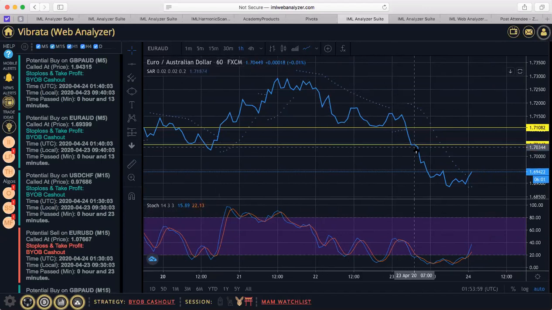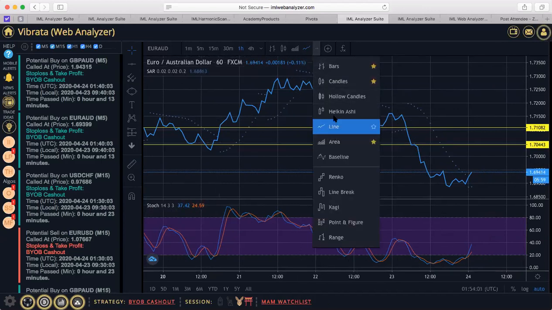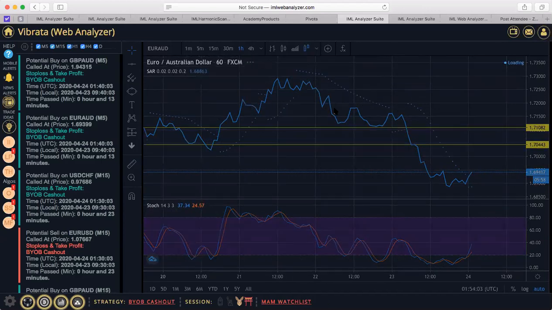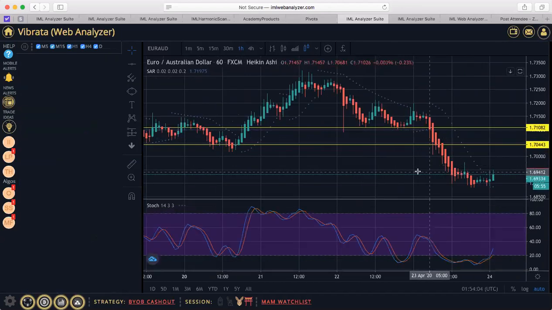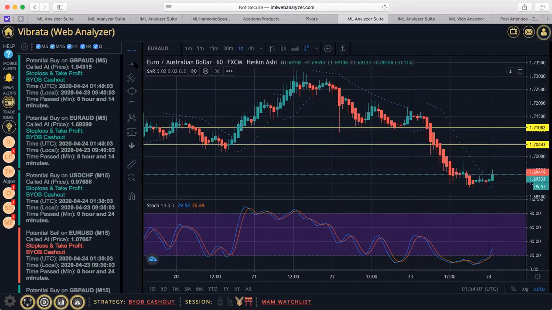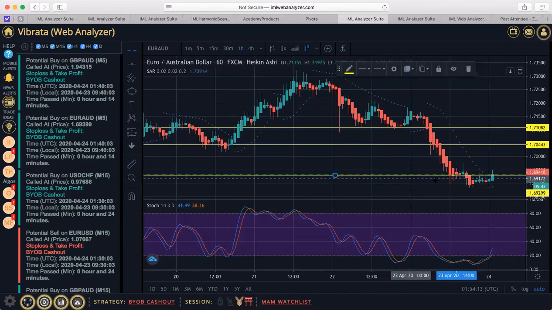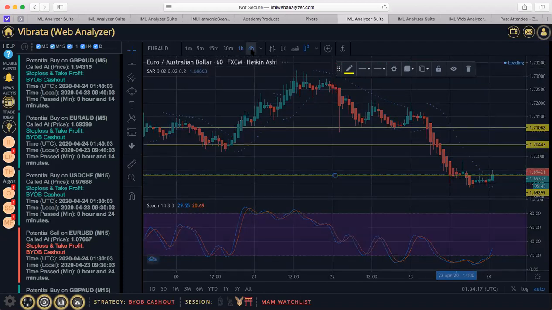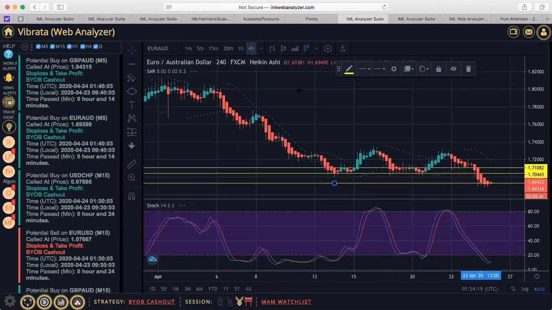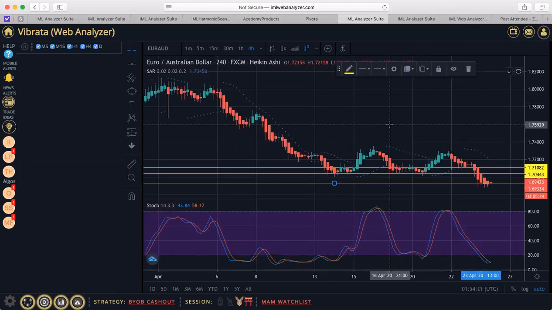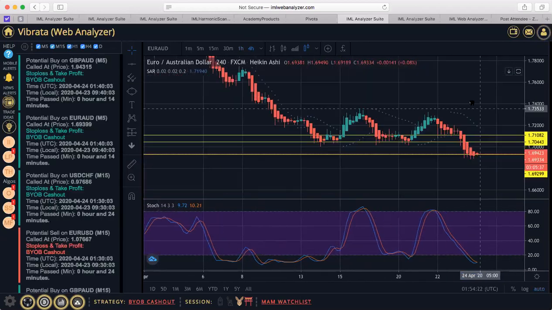So for this one, look at where this is. I've got my stochastic, but right here, it's below that resistance point on my 4 hour.